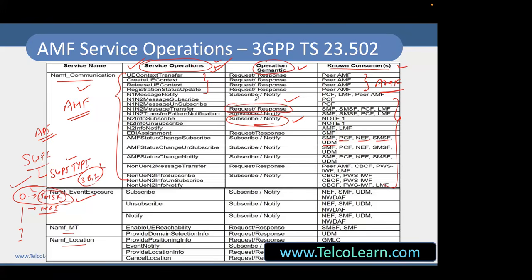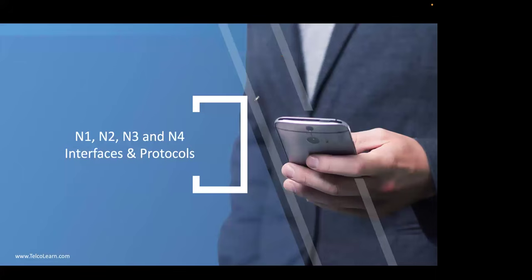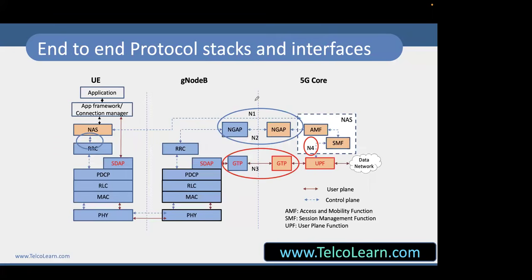Okay. If no questions, let us move on and talk about these interfaces: N1, N2, N3, and N4 interfaces and protocols. If you look at this picture, we have the communication happening between the UE and the gNodeB, which typically uses protocols like MAC layer, RLC layer, PDCP layer, RRC layer for control plane, and SDAP layer for the user plane.